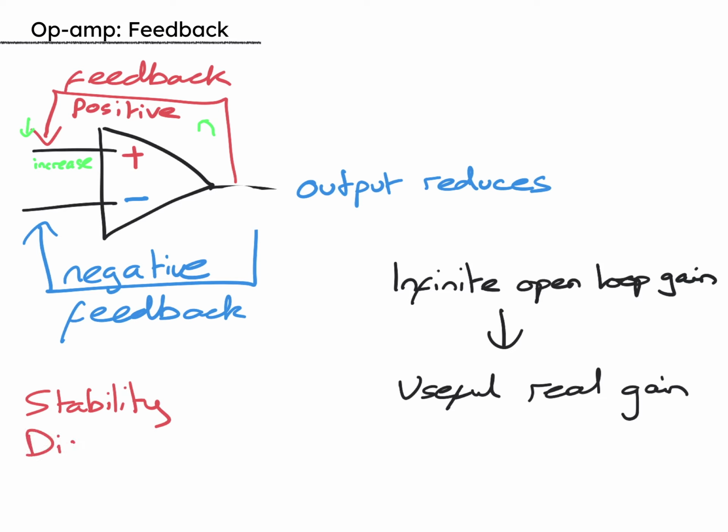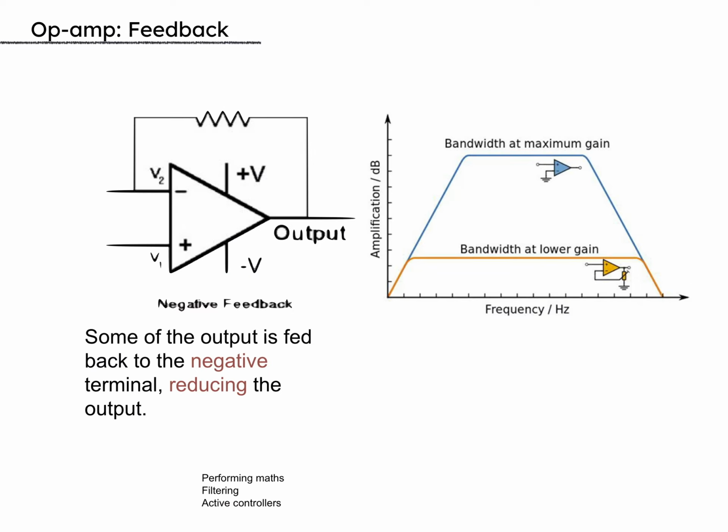There is less distortion of the output. But perhaps most significantly, the bandwidth increases. Hopefully you remember that the bandwidth is the range of frequencies over which the gain is constant. By providing negative feedback and reducing the gain, this range widens, as you can see.